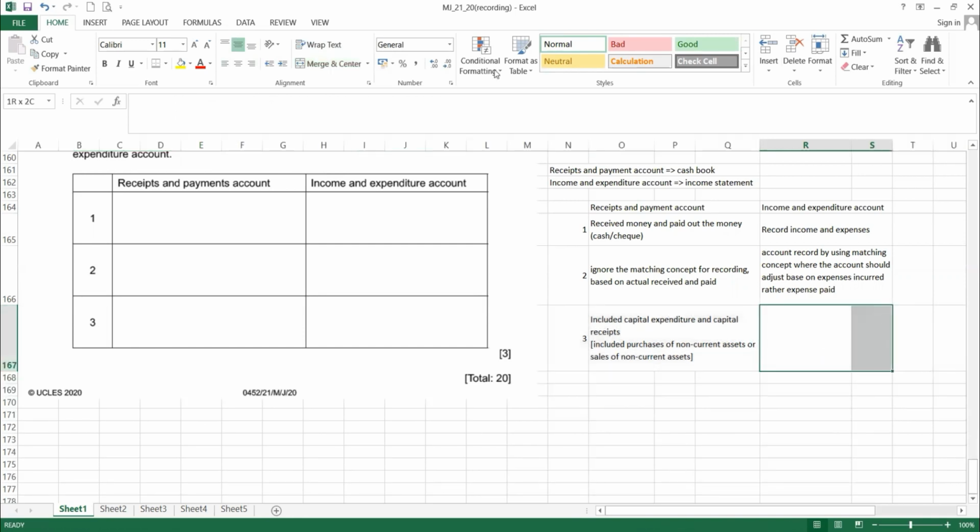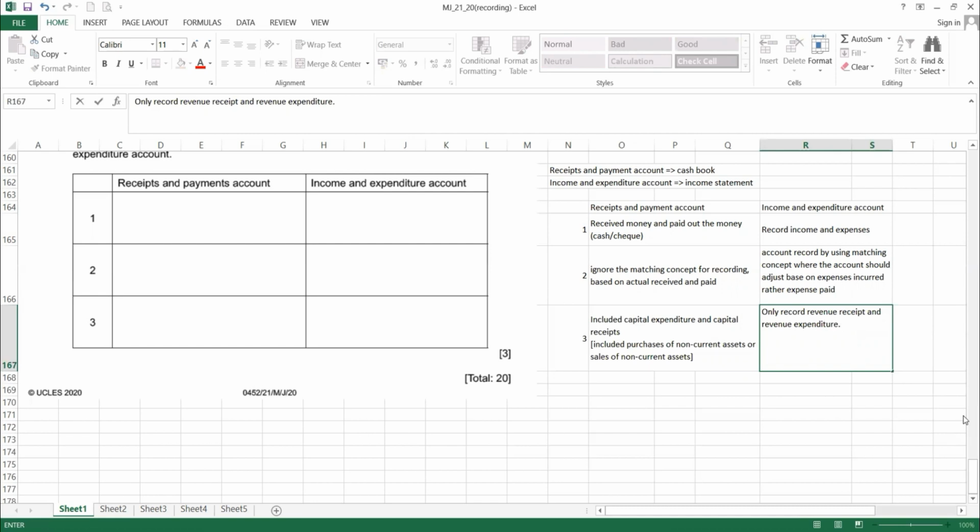When it comes to the income and expenditure account, it only records revenue receipts and revenue expenditure.